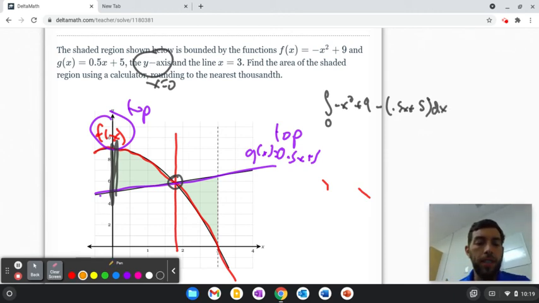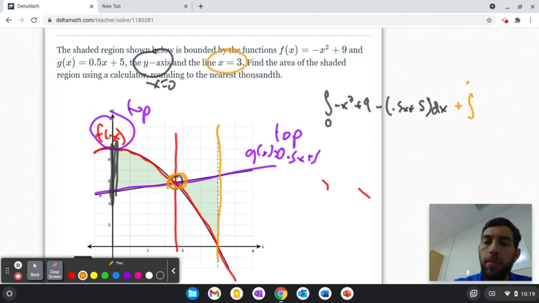And then I'm going to add my second area. So plus, and this just switches. Now I'm going to start wherever the intersection point is; that's going to be my lower limit. I don't know that yet, and I'm going to end at the line x equals 3, so that's my upper limit, 3.